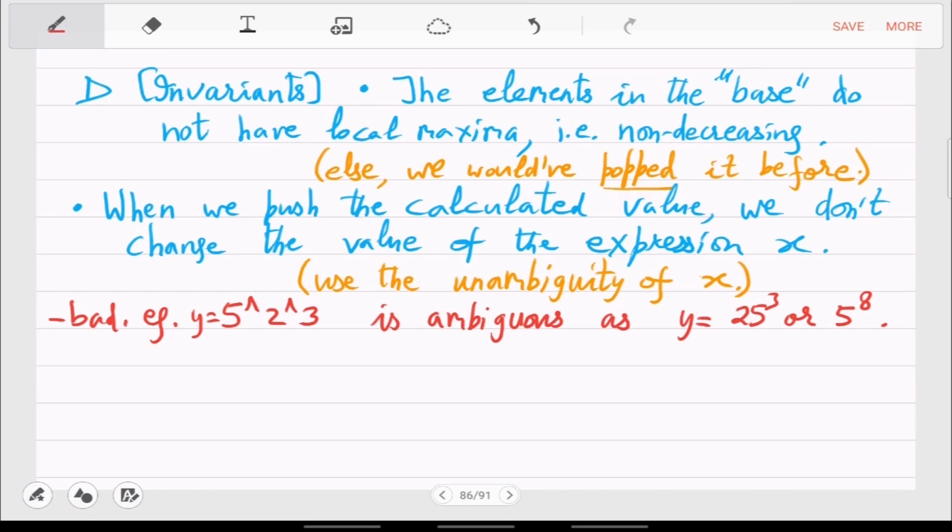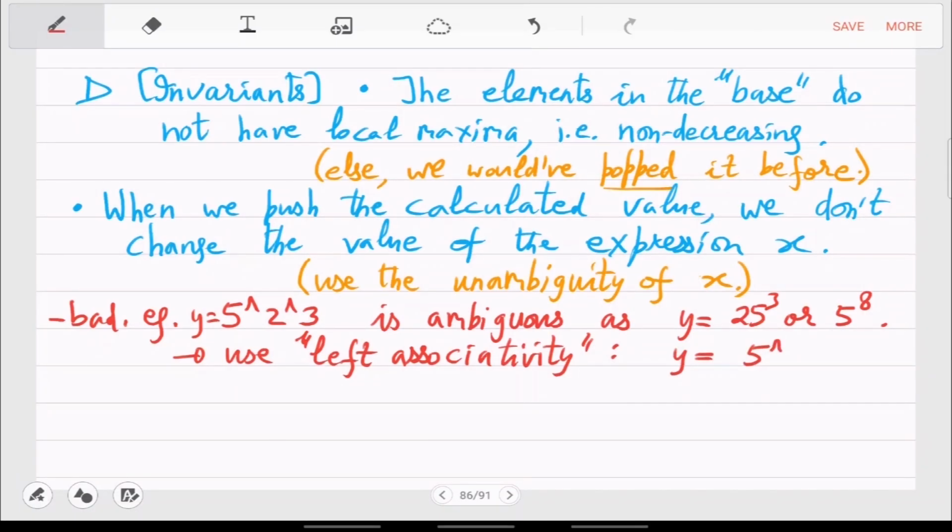So to remove that ambiguity, you have to add left associativity, which says that when you see such an expression, you should follow the first one and then do the second one. Ideally you should use parentheses. If you do this in programming, don't rely on associativity, as it can be confusing in the code.